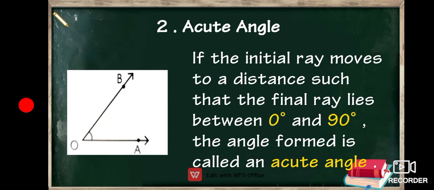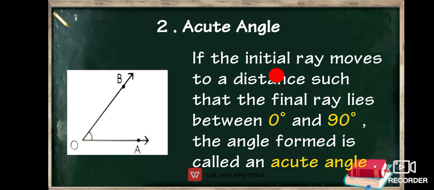The next type of angle is the acute angle, which is in your book. Listen carefully. I'll give a small clue: acute starts with the letter A, so the letter A itself is a hint for acute angle. So what is an acute angle? We can see the definition here.